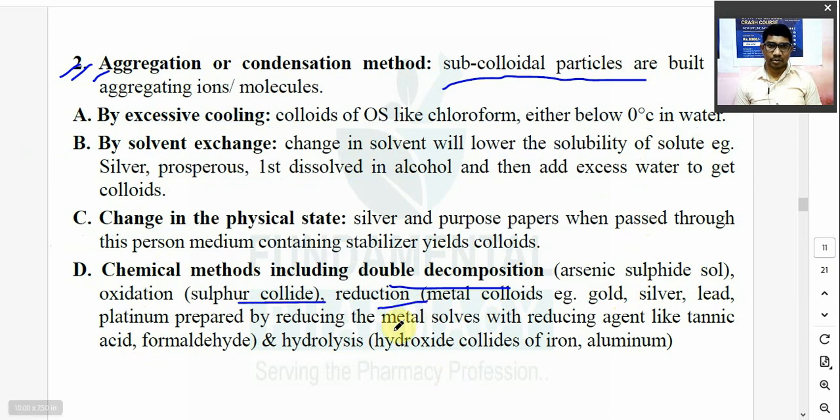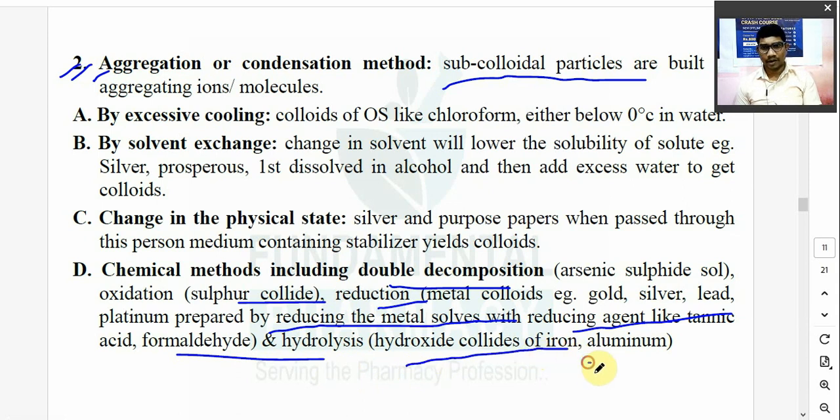They are prepared by reducing the metal salt with a reducing agent like tannic acid and formaldehyde. Hydrolysis से भी बनता है. So in the chemical method, oxidation, reduction, hydrolysis and double decomposition are there. For hydrolysis, hydroxide colloids of iron and aluminum are prepared by the hydrolysis method.